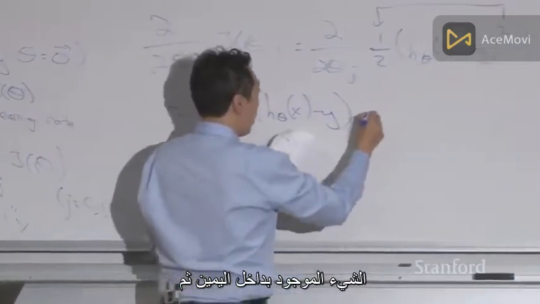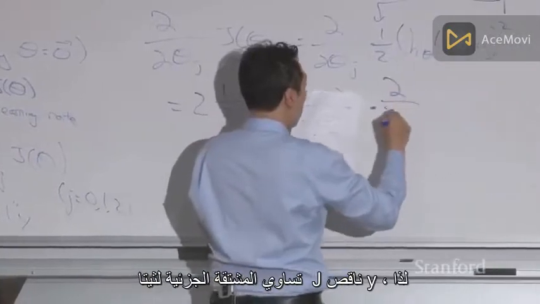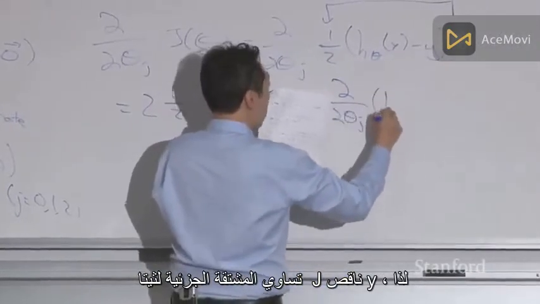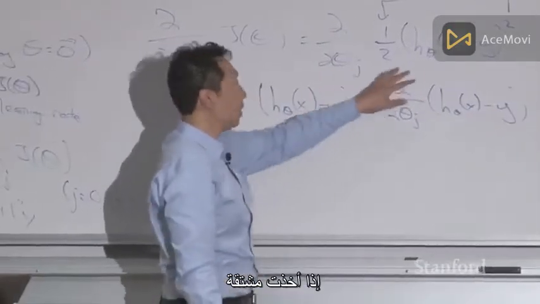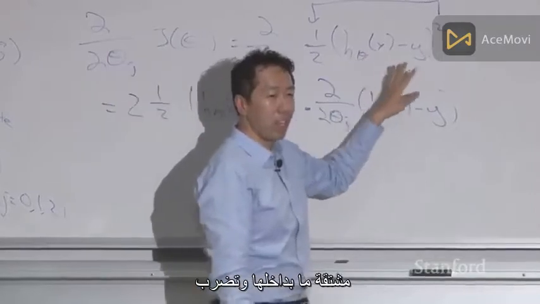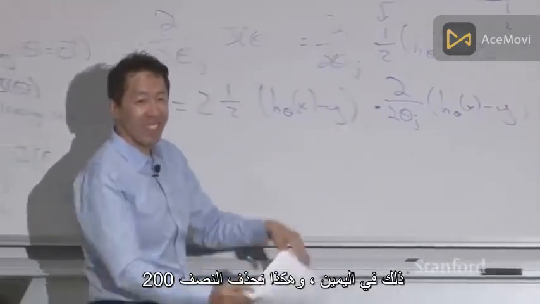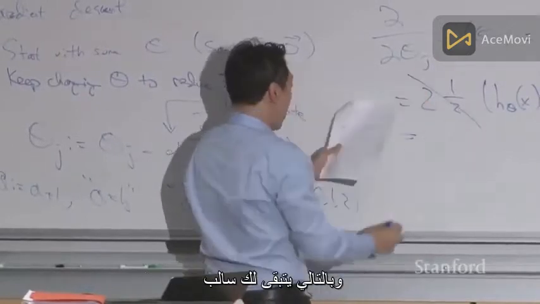And then by the chain rule of derivatives, that's times the partial derivative with respect to theta j of h of theta of x minus y. So if you take the derivative of a square, the 2 comes down, and then you take the derivative of what's inside and multiply that. And so the 2 and the 1/2 cancel out.